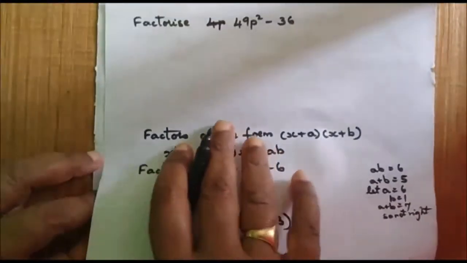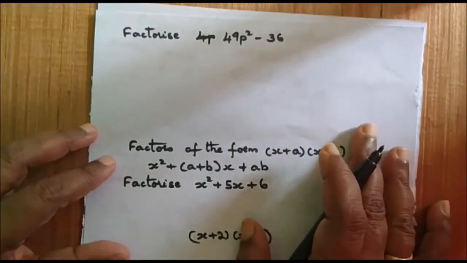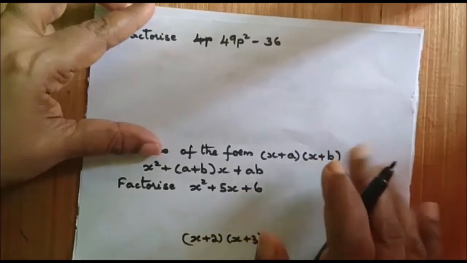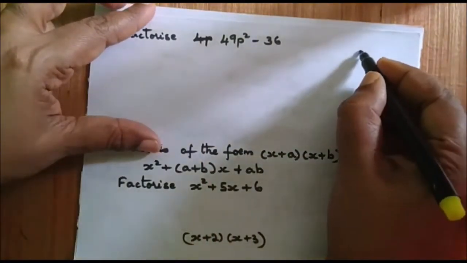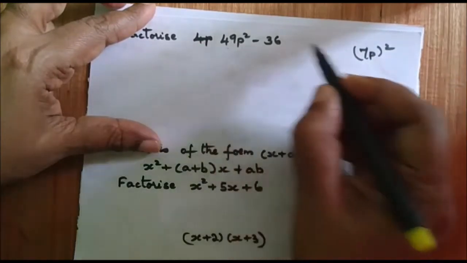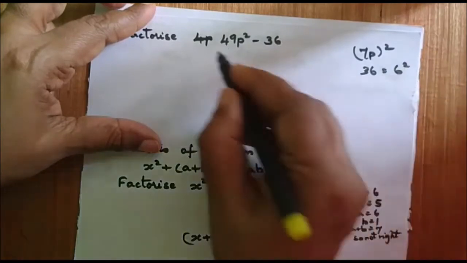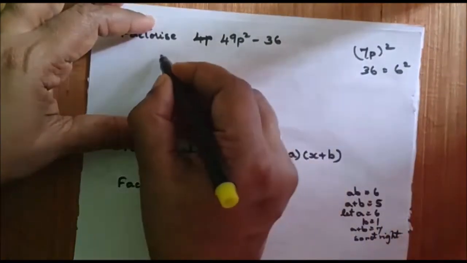Okay. Now we are given another problem. Factorize 49p squared minus 36. What is 49p squared? It is (7p) the whole squared, equal to 49p squared, and 36 is nothing but 6 squared. So which identity does this resemble?